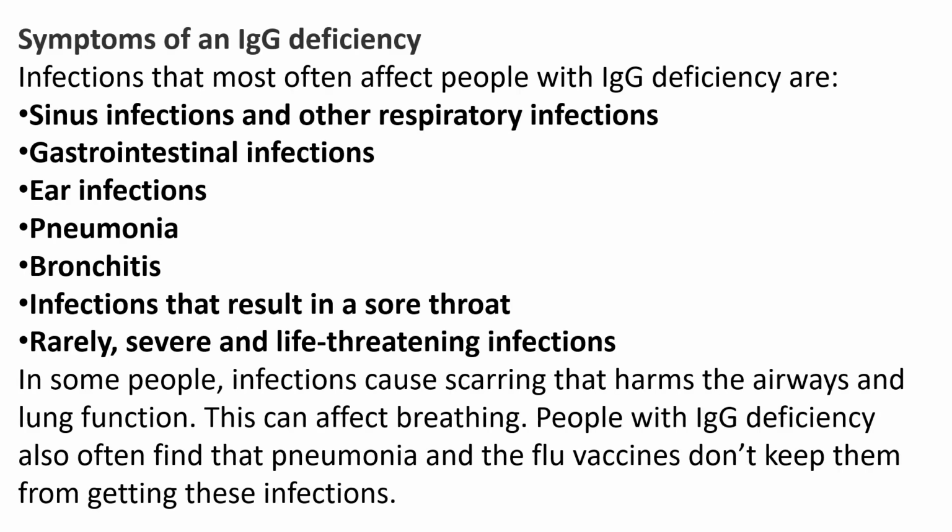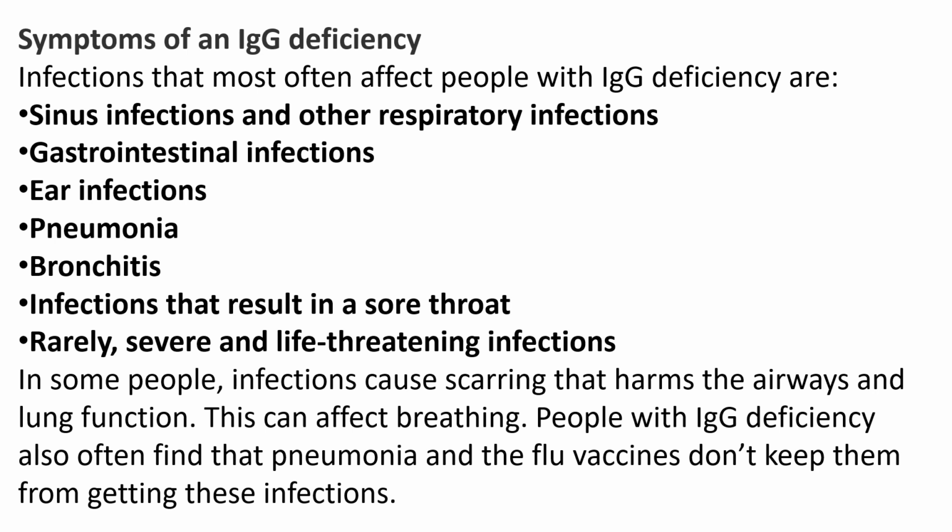Now, what could be the possible signs and symptoms of IgG deficiency? Nowadays it is a pandemic of coronavirus, and you must have heard that those individuals who are immunocompromised, meaning those who have immunoglobulin deficiencies, are the victims of this virus infection.